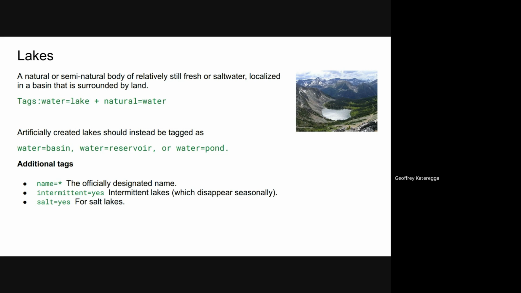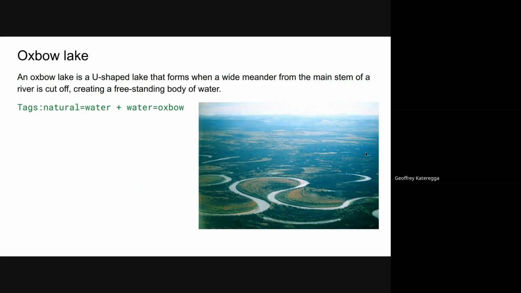When you find lakes that are artificial, they are normally tagged as water=basin, water=reservoir, or water=pond. And of course, you also have additional tags like the name, if the lake has an official name. Also, we use intermittent=yes if the lake sometimes disappears because of the seasons. But also, we use salt=yes to tag salty water lakes.